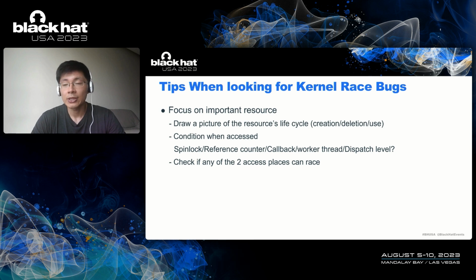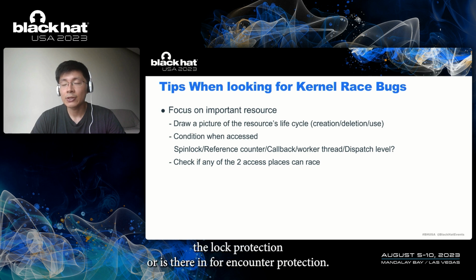For example, is there any spin lock protection, or is there any reference counter protection? If the access happens in a callback or worker thread, what dispatch level is it at when accessing the resource? After that, you can try to find the race conditions between different access points.